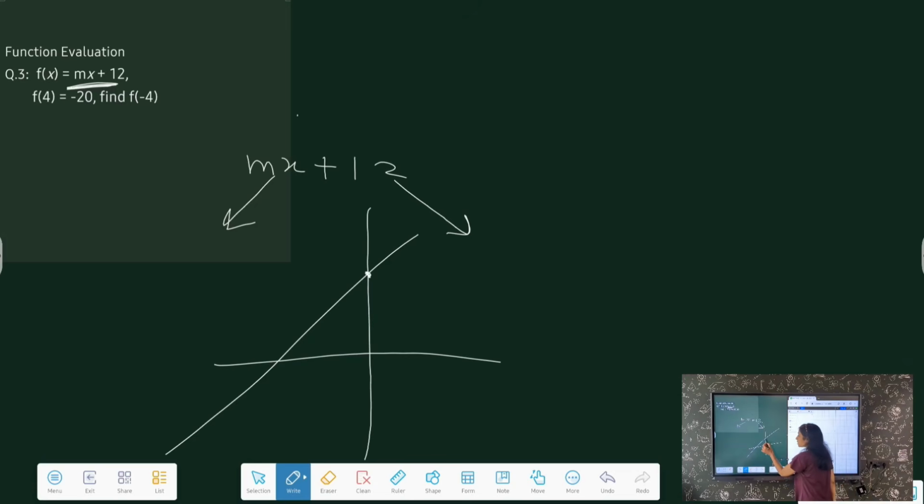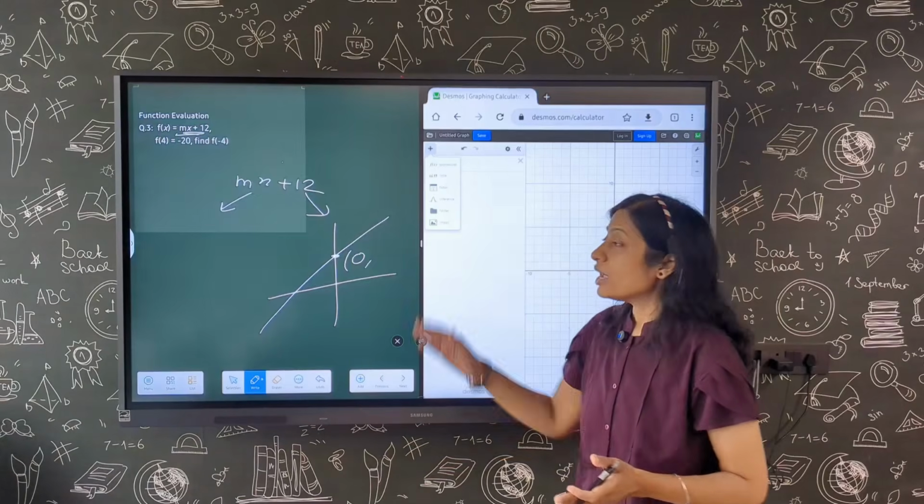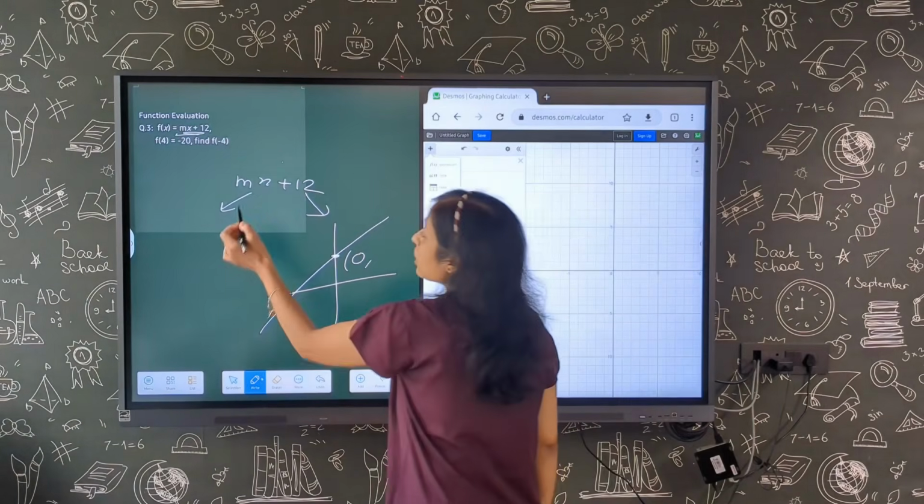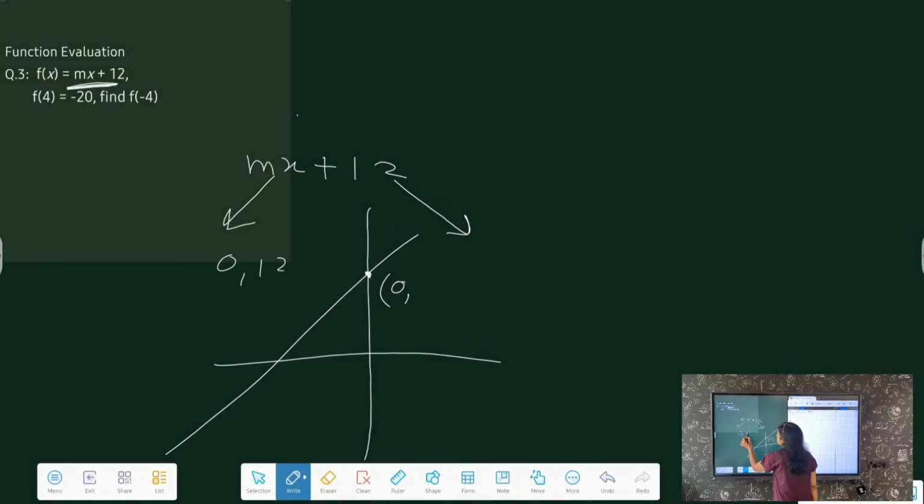And if it is intersecting the y-axis, it means the input, or let's say the value of x, must be 0. It means in this question, when the input is 0, the outcome is 12. So we are getting one coordinate from this logic: input is 0, output is 12, because of the slope-intercept equation form. And the other input and output they have already given, which is 4, minus 20.